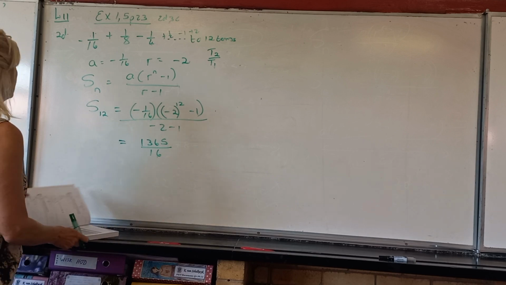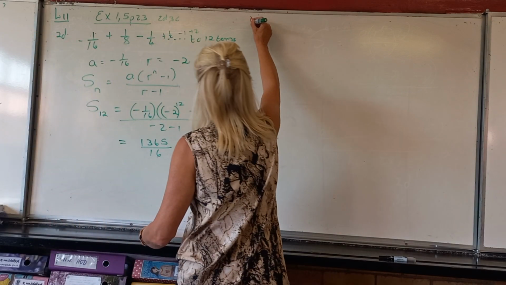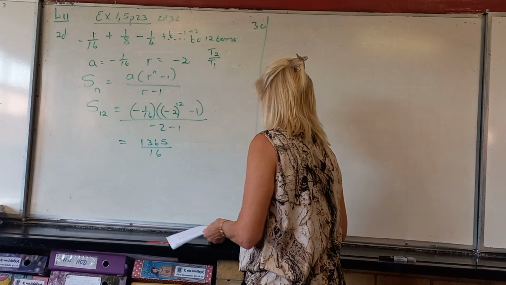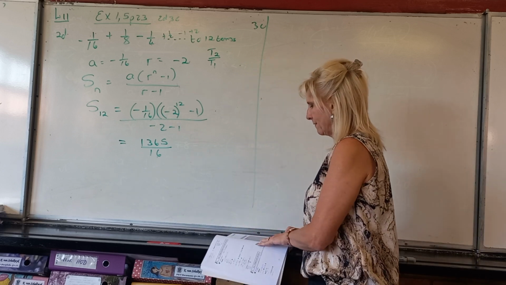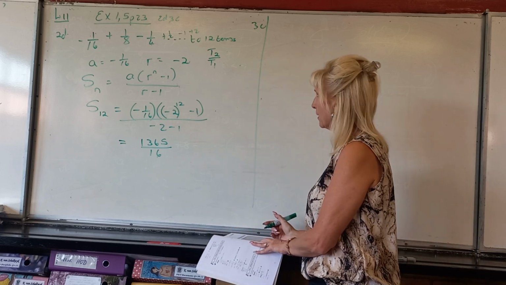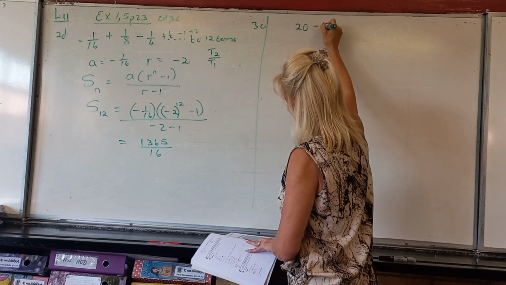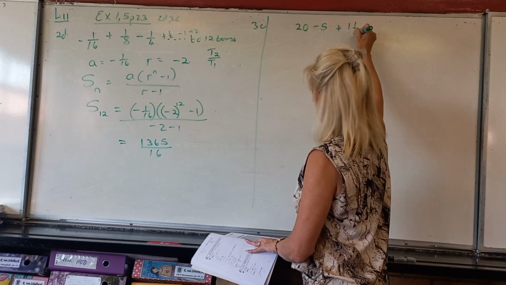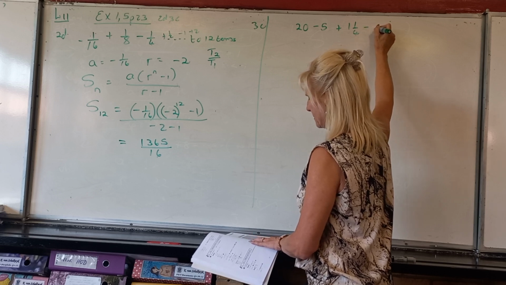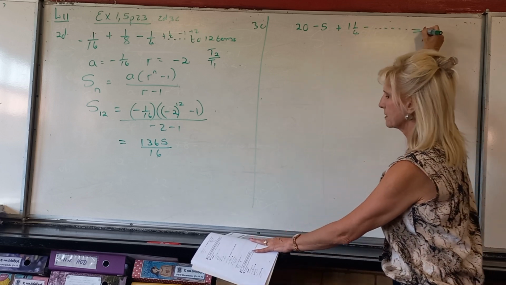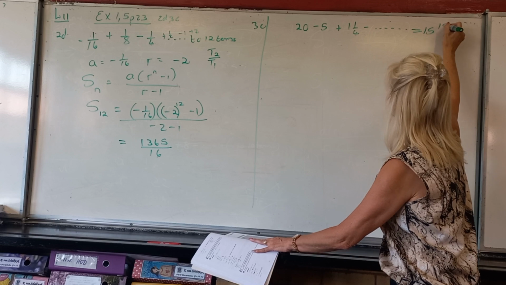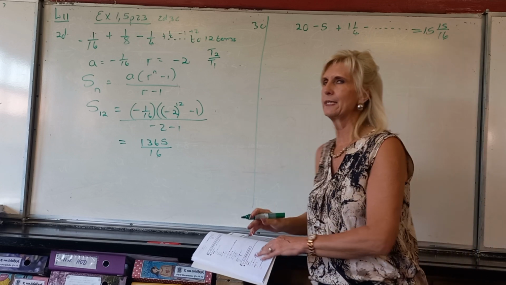Good. Then we've got question number 3C that says determine n of the given series. And it says 20 minus 5 plus 1 1/4 minus and so on equals 15 and 15 over 16. Find n.